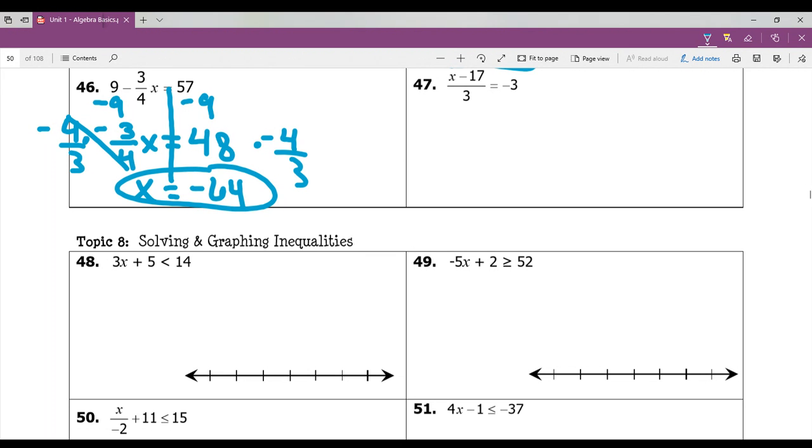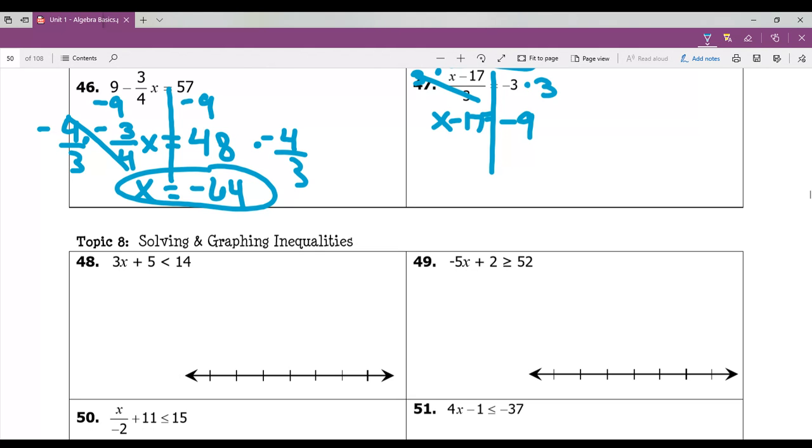Okay, it just makes your life easier if you do that. So we are dividing by 3, so I'm going to multiply by 3 on both sides. And the only thing that does is get rid of the 3. X subtract 17 stays the same. I didn't change that.